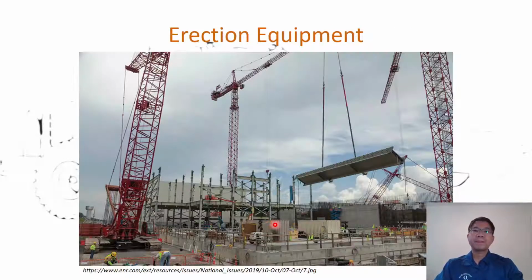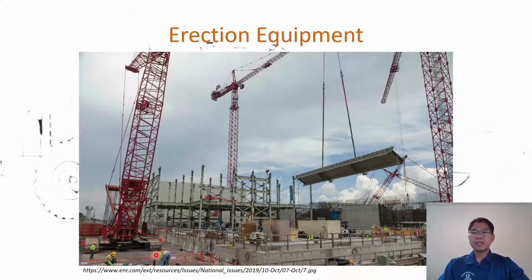In terms of the erection of steel members, in this case, you see a column and a beam. You can use different lifting equipment that you learned in lesson 2. If you recall, it can be a tower crane as shown here, or a mobile crane.